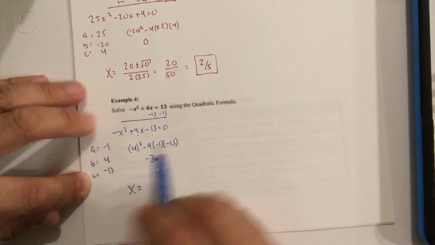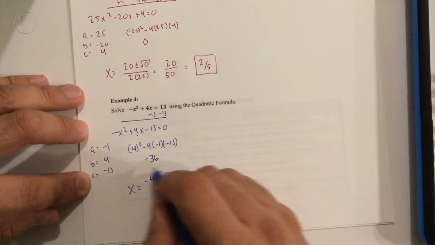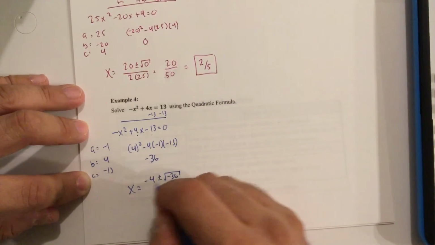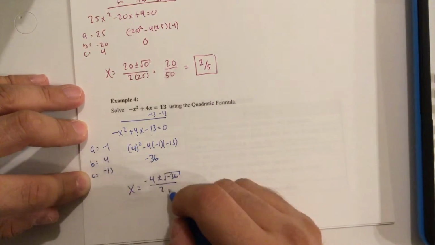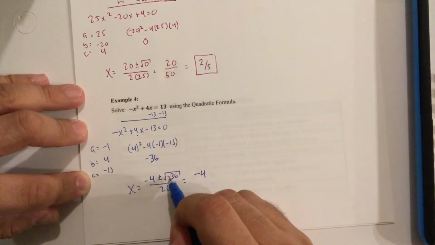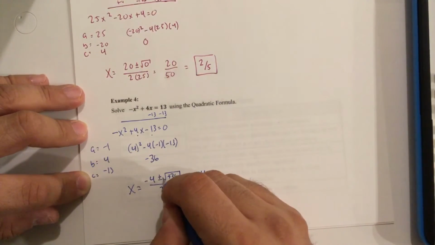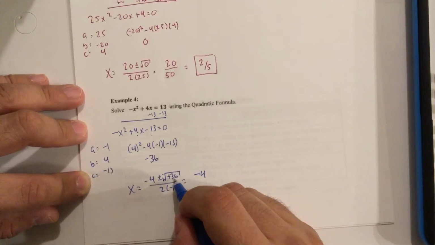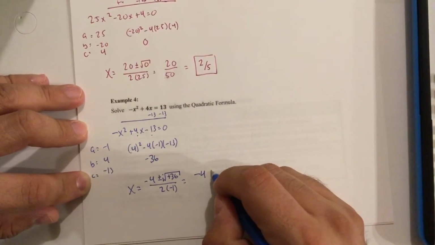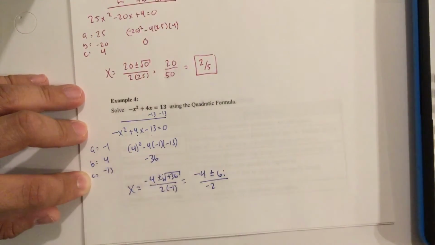So x equals the opposite of b, which is negative 4, plus or minus the square root of the discriminant, divided by 2 times negative 1, since a is negative 1. Now, if you recall, we usually make it positive, and then we bring the i in front. That's our imaginary. And the square root of 36 is actually 6. So it's going to be plus or minus 6i over 2 times negative 1, which is negative 2.